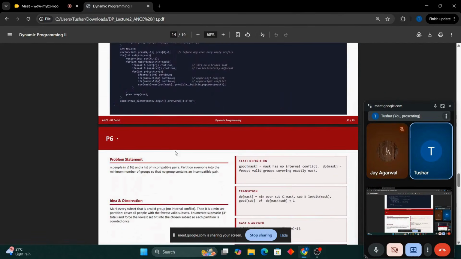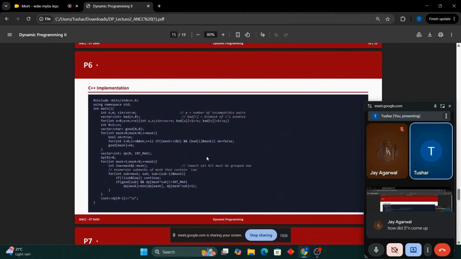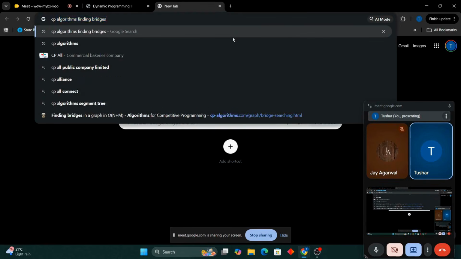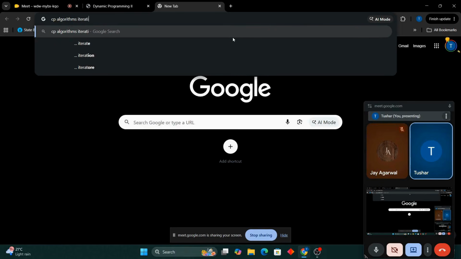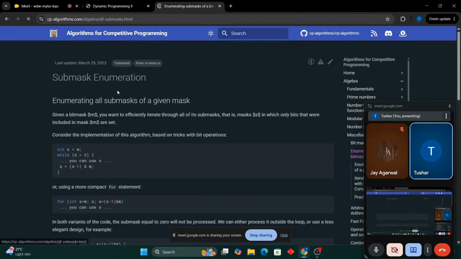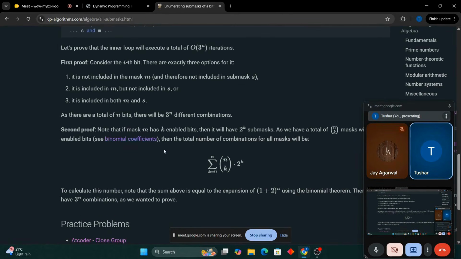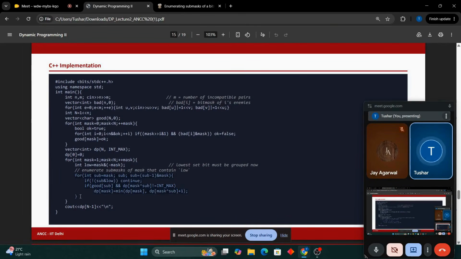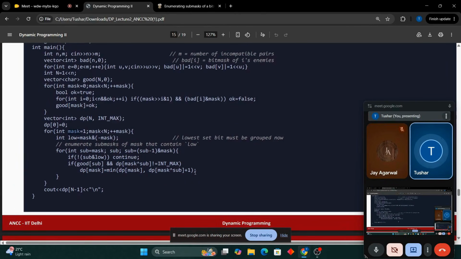Did you get it? I'll just show you the proof. Since I told you that using the inner loop, we'll be iterating over only the submasks of the mask, not any other number, right?